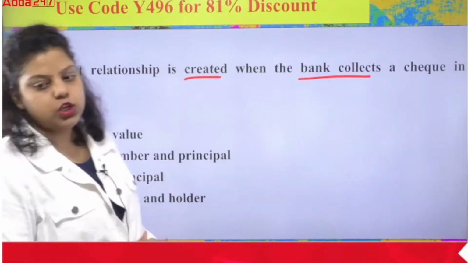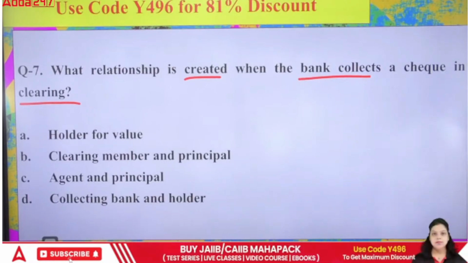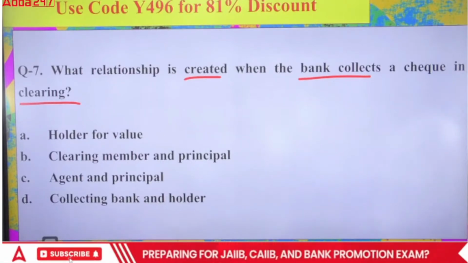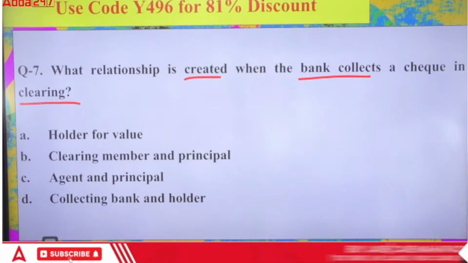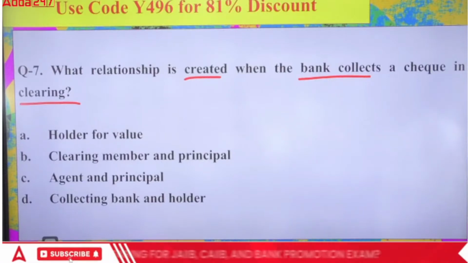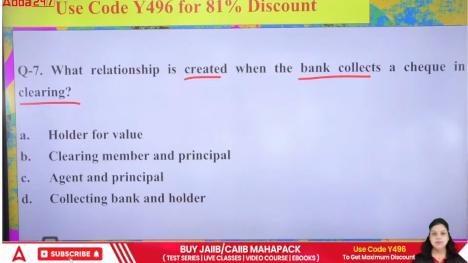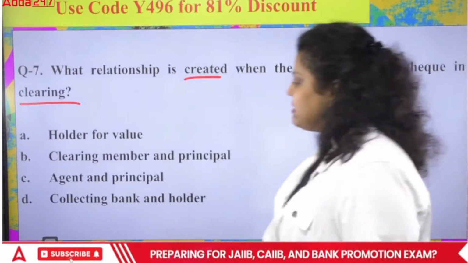What kind of relationship will be there between the bank and the customer in case the bank collects a check for clearing purpose? Okay, so the right answer will be agent and principal.